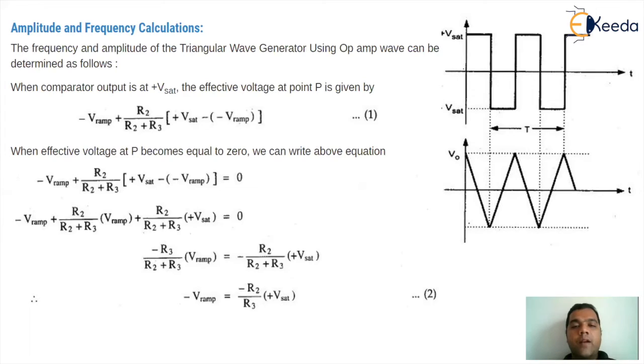We will get as minus of R2 by R2 plus R3 into plus Vsat. So overall, you will get the value of Vramp as R2 by R3 into plus Vsat. On similar lines, you will get a value of minus Vramp as minus of R2 by R3 into minus Vsat. So from this, we got the value of plus Vramp and minus Vramp.